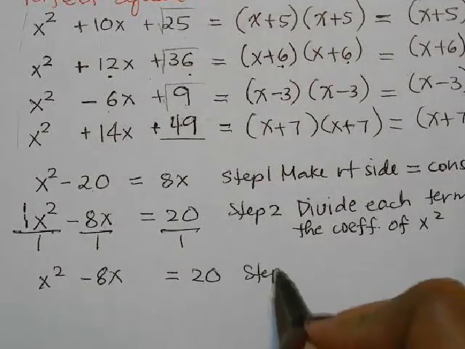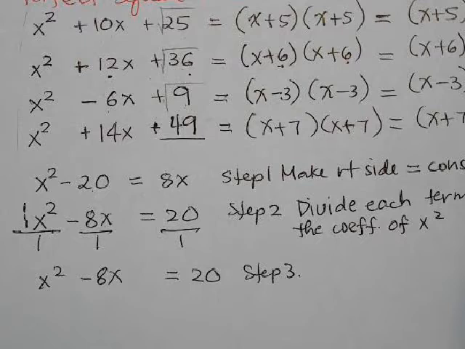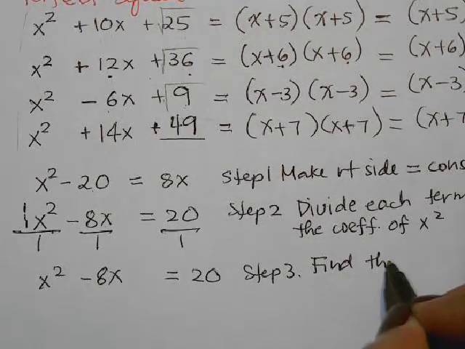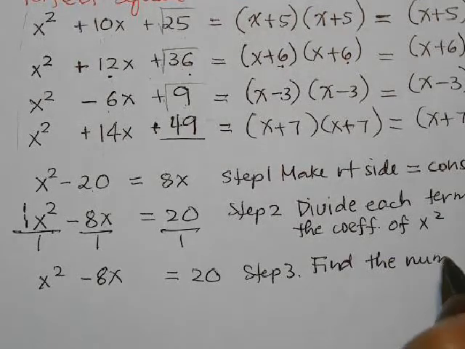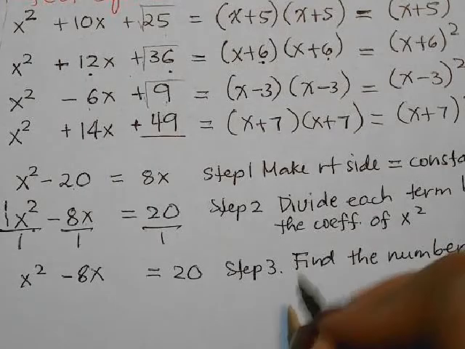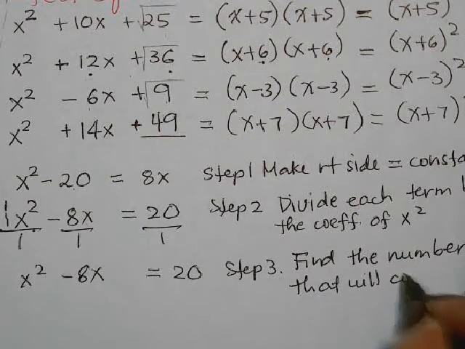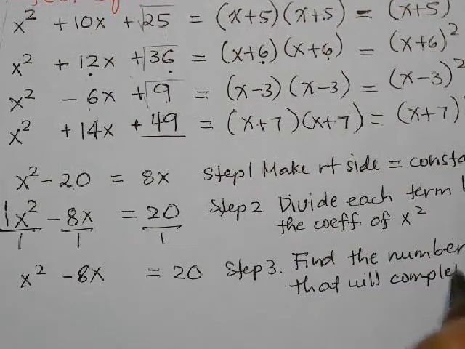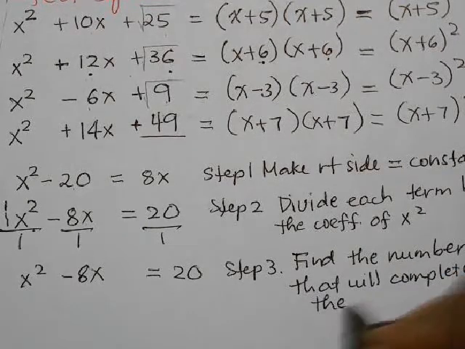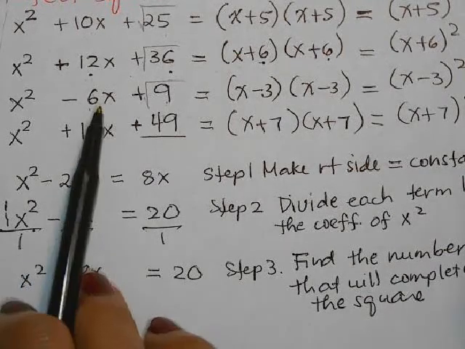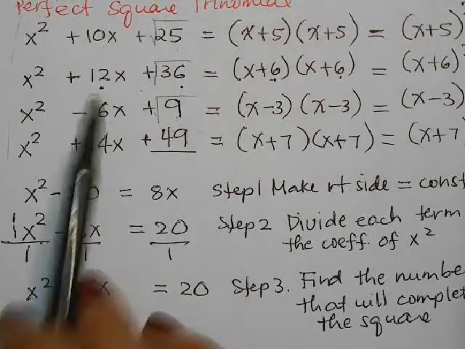Step 3. Now we're going to find the number that will complete the square. To complete the square, you have to make it look like the ones on top.